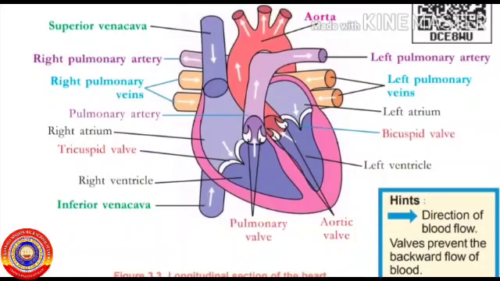On the right side we can see superior vena cava, right pulmonary artery, right pulmonary vein, pulmonary artery, right atrium, tricuspid valve, right ventricle, inferior vena cava and pulmonary valve.